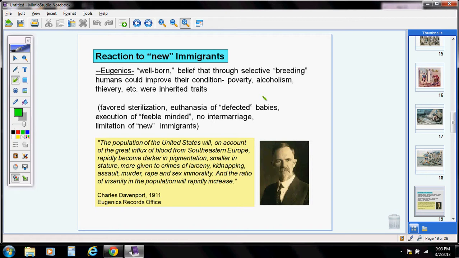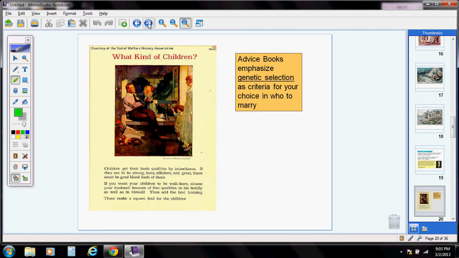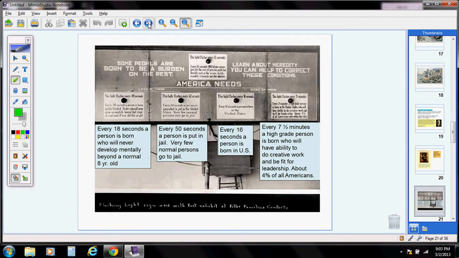So in order to keep them out, eugenicists would say that American policy towards immigrants needed to be a bit more harsh, that we only wanted the strong stock to be allowed into the country. So these are all examples of that side of genetic testing.